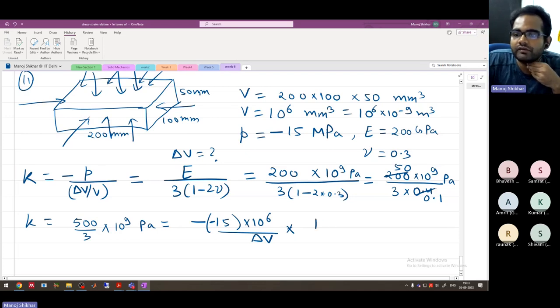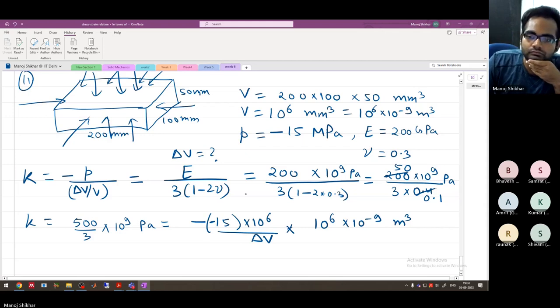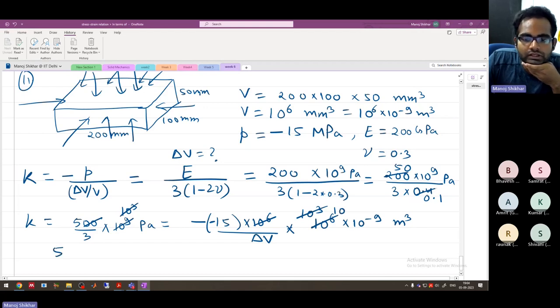So here we will have 5 by 3 equal to 15 by delta V.